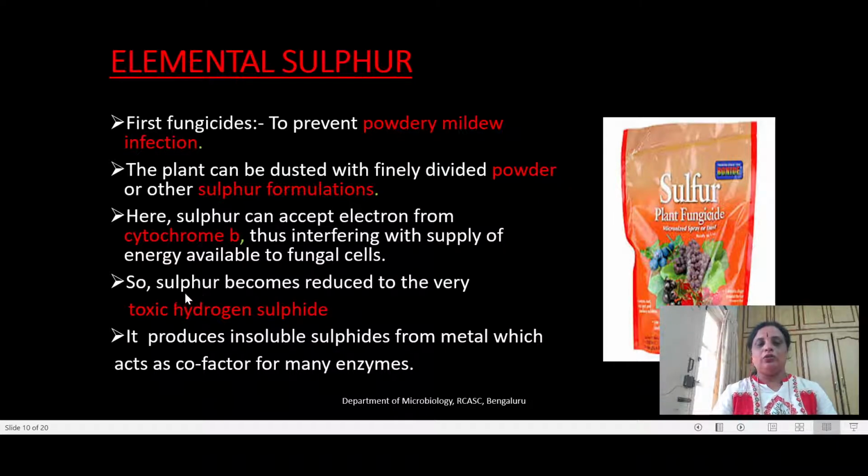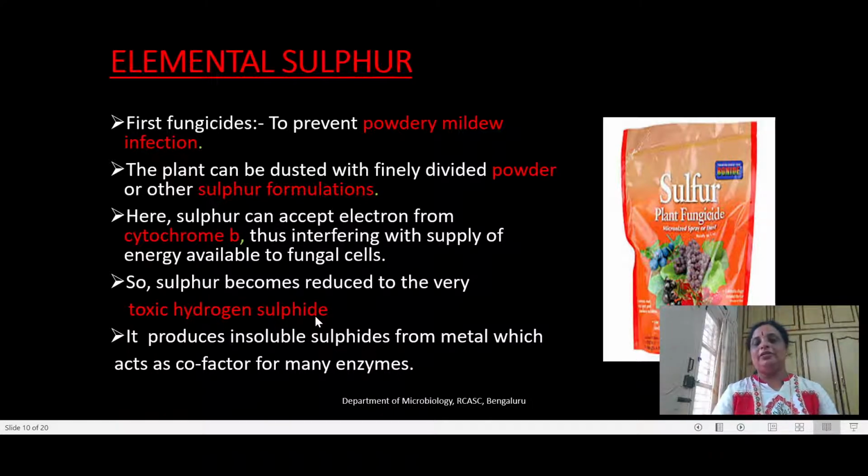And also the sulfur becomes reduced. One mode of action is that it accepts electrons from cytochrome B and interferes with the energy supply to the fungal cell. By accepting these electrons, the sulfur becomes reduced and is converted into hydrogen sulfide.